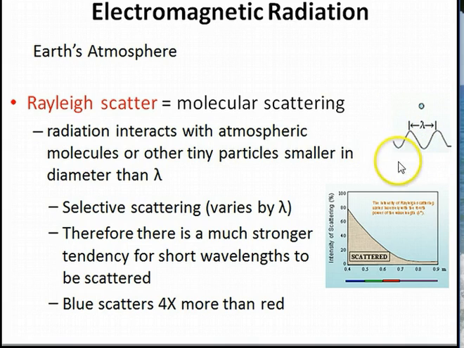It's really only the smaller wavelengths that are impacted by these very small molecules. And so because of that, Rayleigh scatter is a selective scatter, meaning that the shorter the wavelength, the more scatter there is. And eventually, as you get out into the infrared, you have almost no Rayleigh scattering anymore because those wavelengths are long enough that, again, they just travel right around those molecules.